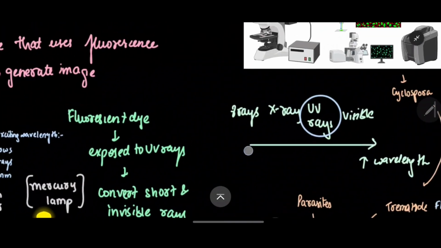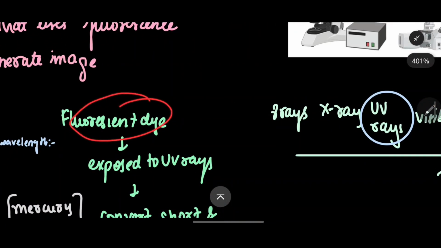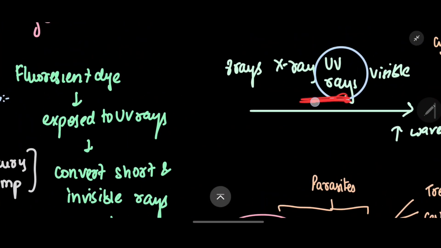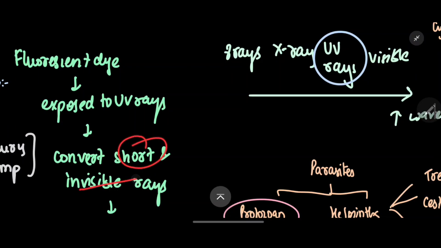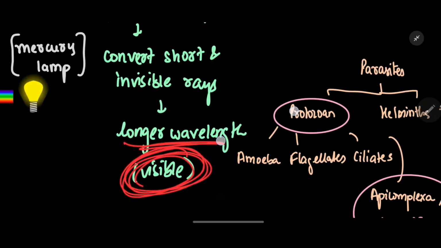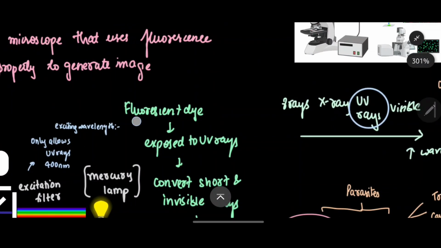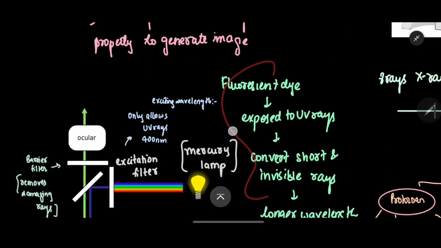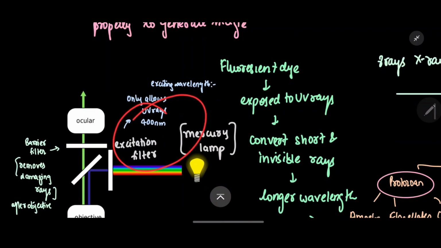When these dyes are exposed to UV rays, the UV rays are converted from short, invisible wavelengths to longer, visible wavelengths. So this is what these fluorescent dyes do. We are going to use this principle to make this microscope work.